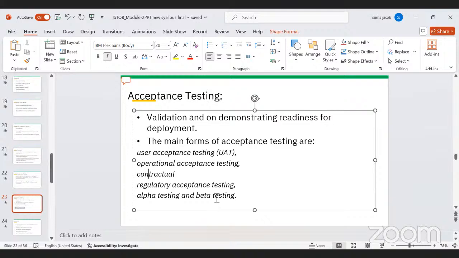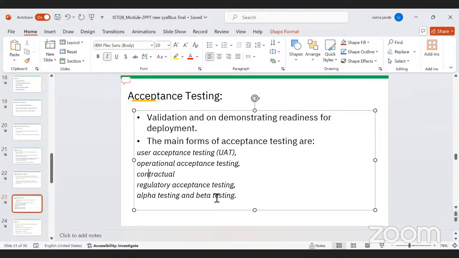If you look into the Play Store or App Store, we can see there are a lot of applications available in the beta version. Why? Because they want to get feedback from the mass market, how the actual users are responding to this application. So they have provided the beta version. Alpha testing would be done by the existing customers in the dev environment, whereas beta testing would be done by existing users or customers at their external site.